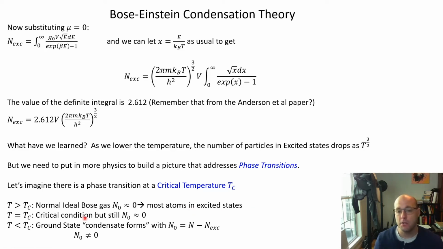At the critical temperature, we still maintain this condition that the number in the ground state is 0, but as soon as we go a bit below the critical temperature, we form a ground state condensate, where the number of atoms in the ground state is equal to the total number minus the number in excited states, and n sub 0 in this case does not equal 0, right?